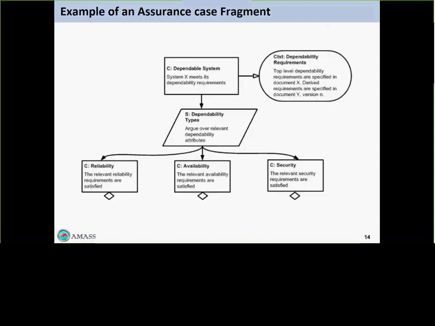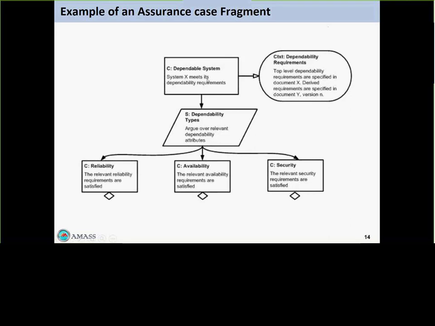This is an example of a fragment. We say that our system is dependable because it's meeting its dependability requirements. Just remember, this is done in a context where all these dependability requirements are specified in this document, so we can link this to a specific document.